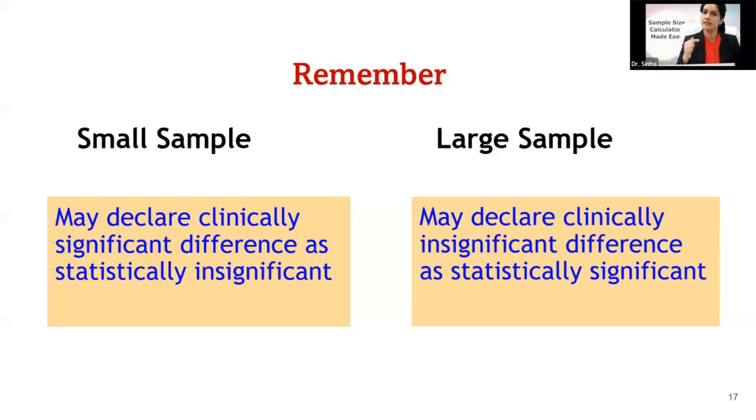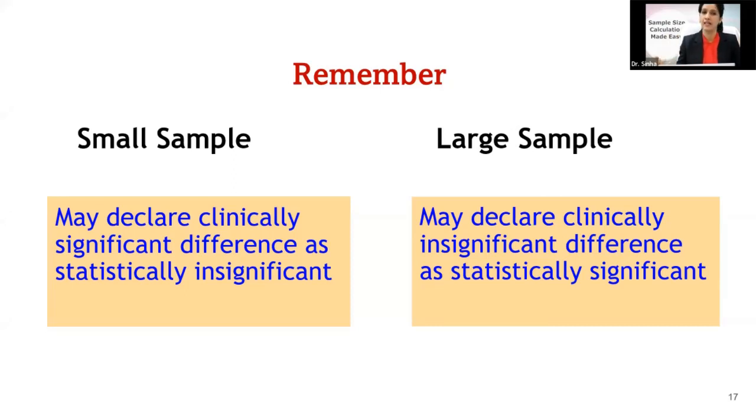If your sample size is small, say the required sample size is 250 and you have conducted your research on 120, then a clinically and statistically significant difference will be seen as statistically insignificant. So then you will not find anything. And you will say that the previous studies have found it, but I'm not able to find that. Maybe a small sample size could be one of the reasons for that.